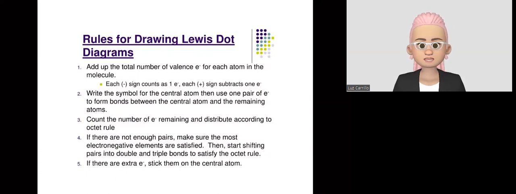You're going to write the symbol for the central atom, and then you're going to use 1 pair of electrons to form bonds between the central atom and the remaining atoms. One of the ways that we can detect what is going to be the central atom is by a trend that we are going to learn in a few moments, which is called electronegativity. So that central atom usually is identified by the least electronegative atom or the least frequent atom in a chemical formula.